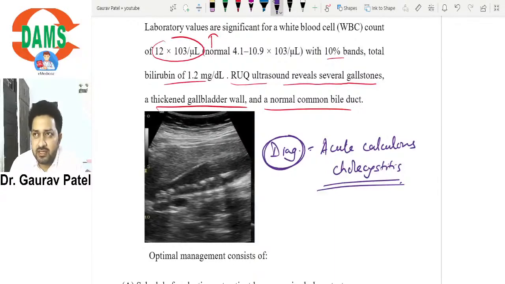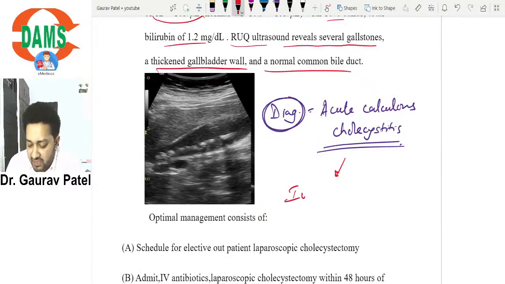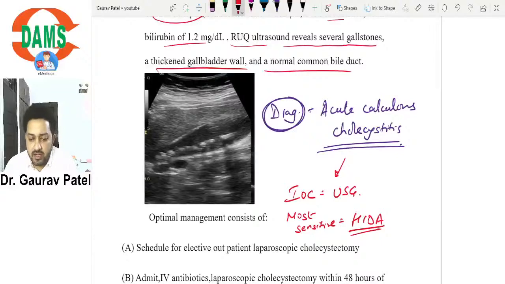In acute calculus cholecystitis, the investigation of choice is ultrasound only. But if they ask the most sensitive investigation, that is HIDA scan. On HIDA scan, you will see that the gallbladder is not filling, absence of gallbladder filling.